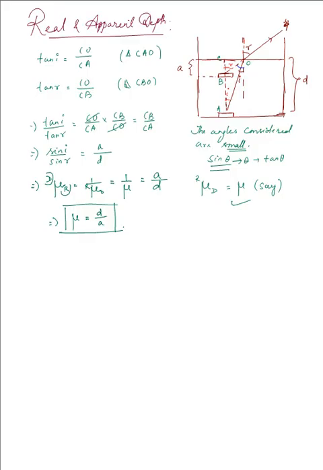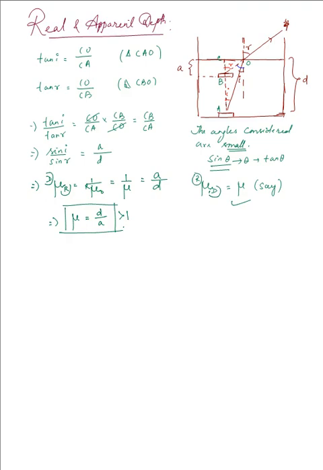And when it is D over A, that is the real depth over the apparent depth, it is definitely going to be greater than 1, because the real depth will be more than the apparent depth. And in that case, you are obtaining the refractive index of an optically denser medium with respect to an optically rarer medium.